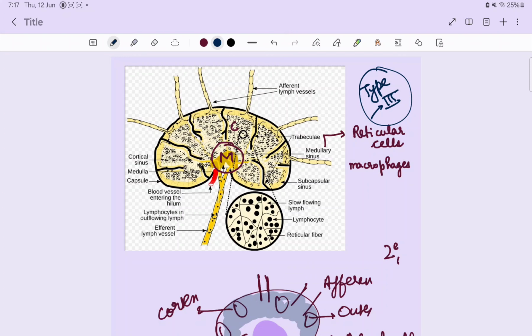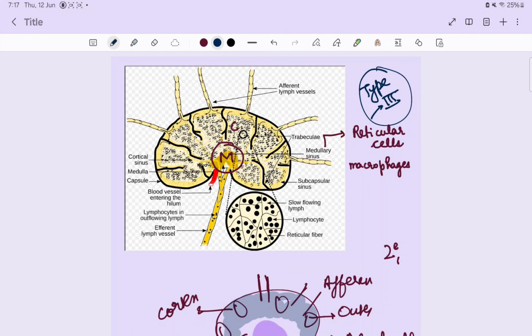Now what is present in the paracortex? In the paracortex we have T cells. It is the region between the follicles and the medulla. It is also known as the inner cortex, and it is underdeveloped in patients with DiGeorge syndrome. One more question can come: the paracortex enlarges in conditions like Epstein-Barr virus and other viral infections.